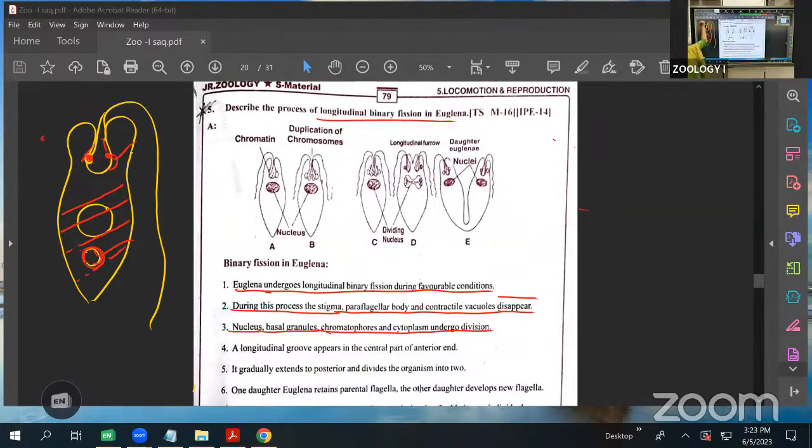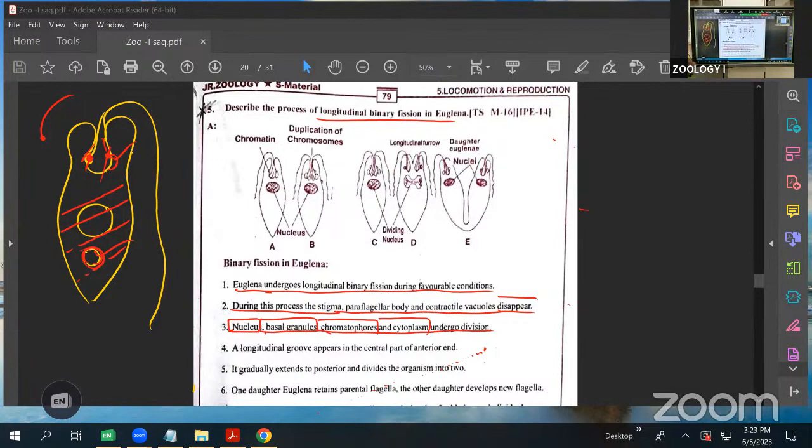Where the flagella arise, we call those basal granules. Those granules also divide. First, the nucleus divides automatically, all of you know this. Next, basal granules divide, chromatophores divide, and the cytoplasm also divides. Here four divide: nucleus, basal granule, chromatophores and cytoplasm.